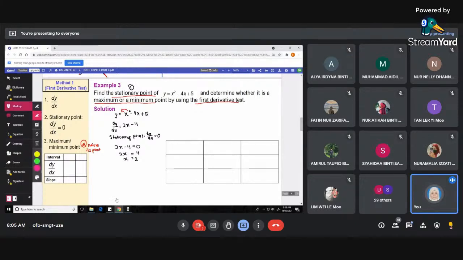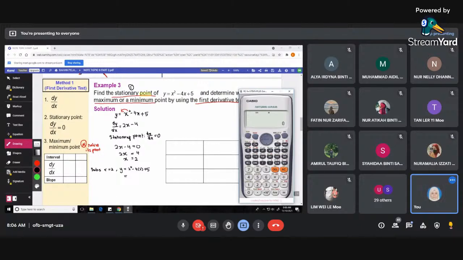Because the question says find the stationary point, that means you must write the coordinates x and y. You just found the value of x. How to find the value of y? Substitute x equals 2 in the original, yaitu y equals 2 squared minus 4 times 2 plus 5.